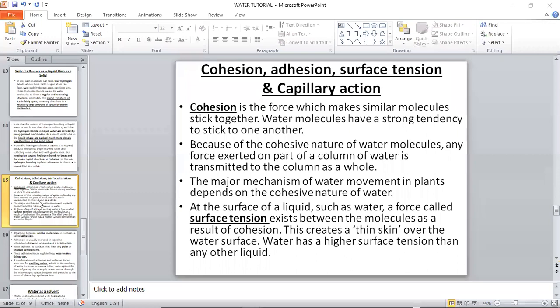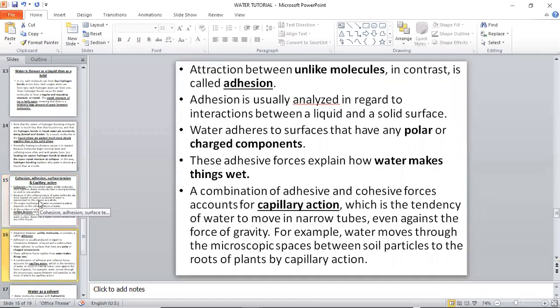The other property of water is adhesion, which is simply attraction between unlike molecules. Usually adhesion is analyzed when you look at an interaction between a liquid and a solid surface. Water adheres to surfaces that have a polar or a charged component.